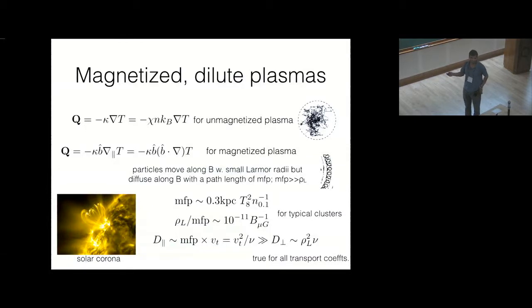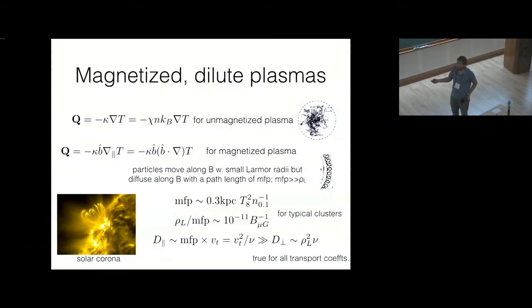If you plug in the numbers for the systems that I'm interested in, known as galaxy clusters, and I'll tell you briefly what galaxy clusters are, I get a mean free path which is 0.3 kiloparsecs. To set the scale, this is only a factor of 100 smaller than the scales of interest. So the transport is important.